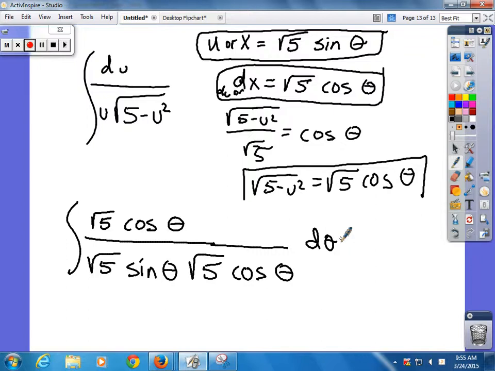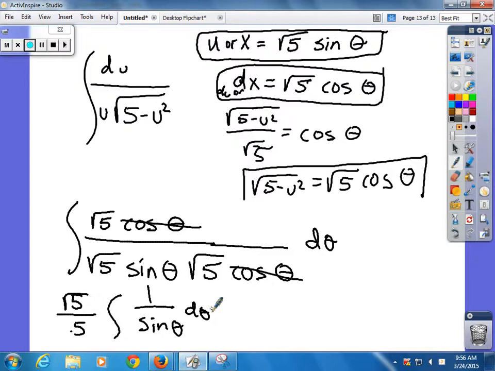Of course, the square root of 5s can come out. What happens to cosine? And that's going to leave us with square root of 5 over 5 times the antiderivative of 1 over the sine of theta, d theta. And what's 1 over the sine?